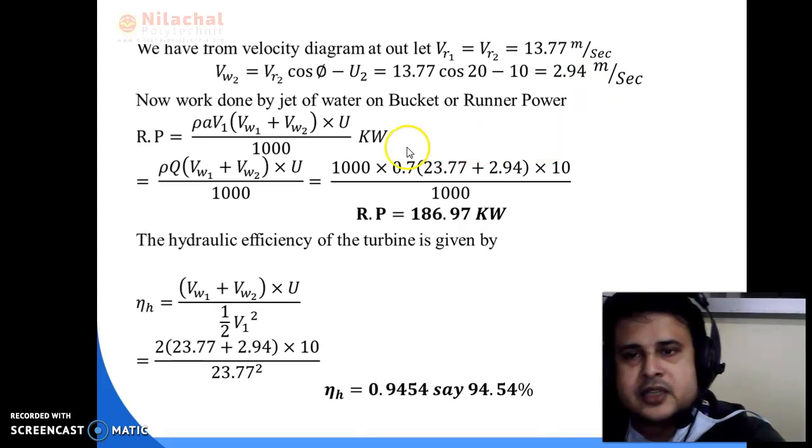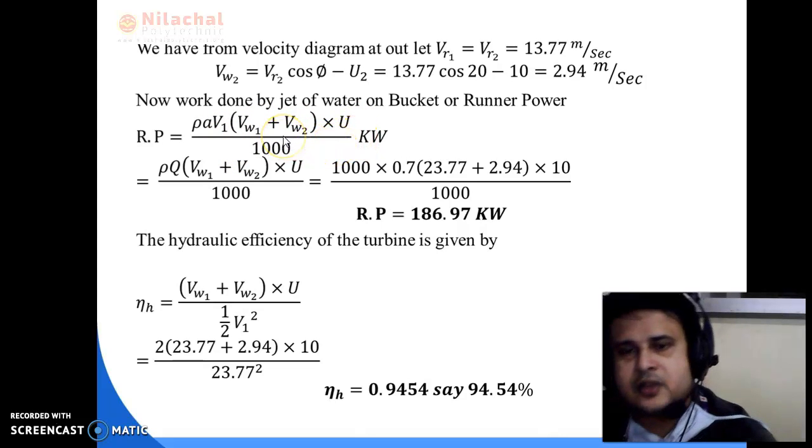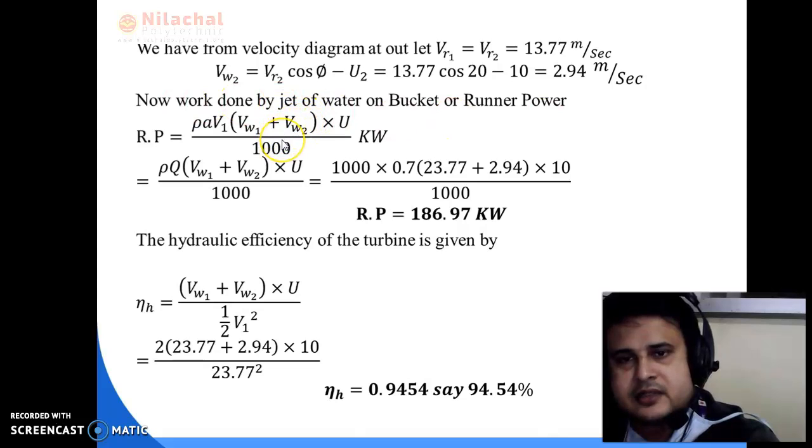In the earlier video class, we studied the formula for the jet of water striking upon the runner. So we get the mechanical power at the runner inlet, that is the runner power, and this runner power formula is rho A V1 (Vw1 plus Vw2) into U. Here the plus sign suggests that the deflection angle is 160 degree, and phi is equal to 20 degree.